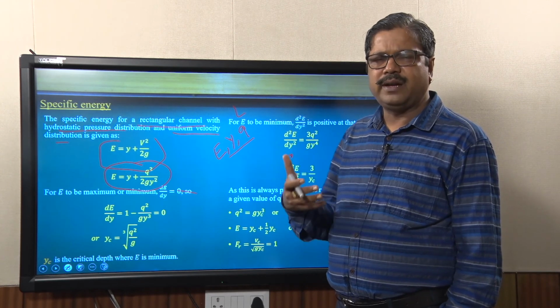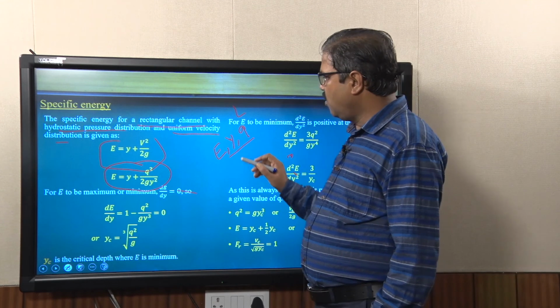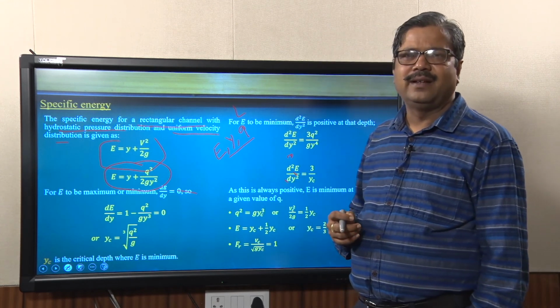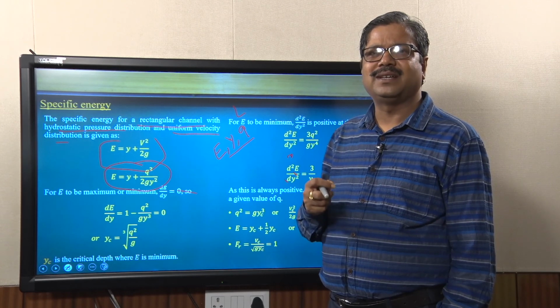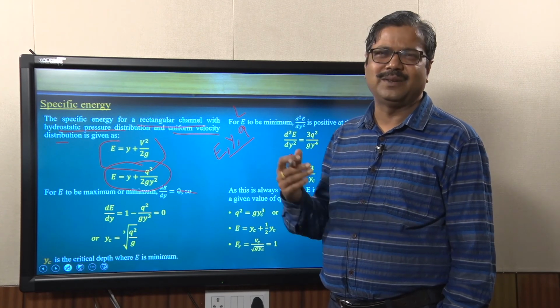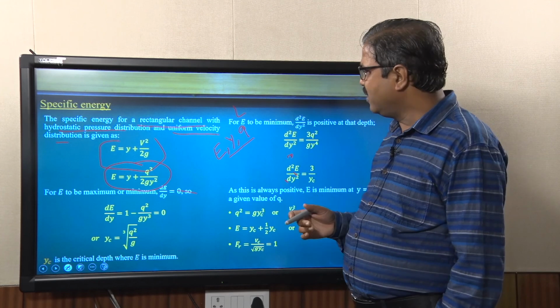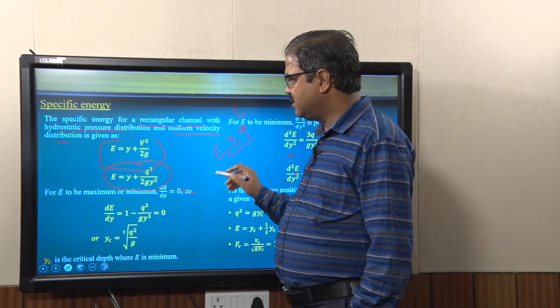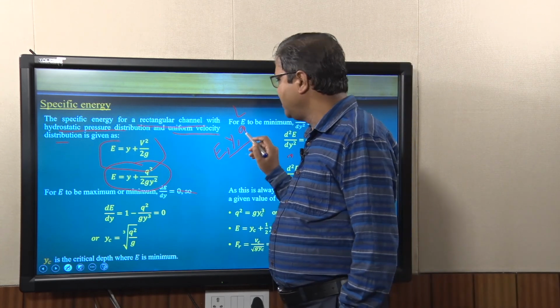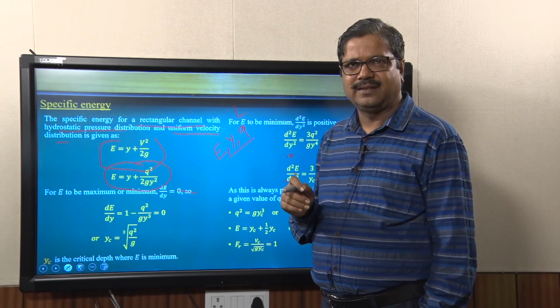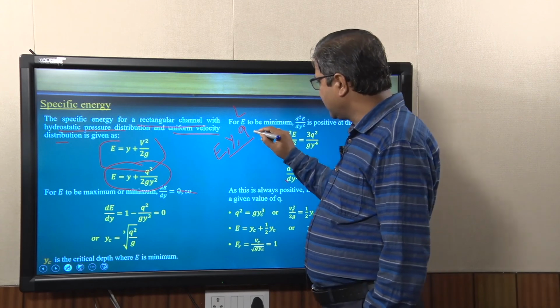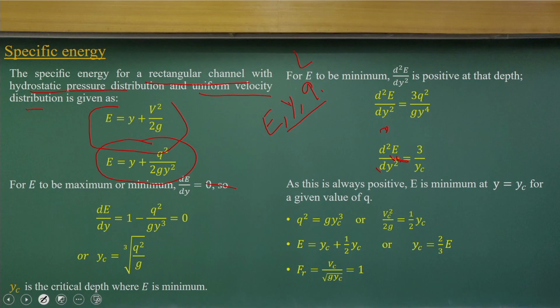Basically, what we are looking at is at which location the specific energy is minimum. That is a very simple thing. We know E is a function of Y and Q. If I consider Q a constant, at what Y depth should we have E minimum?